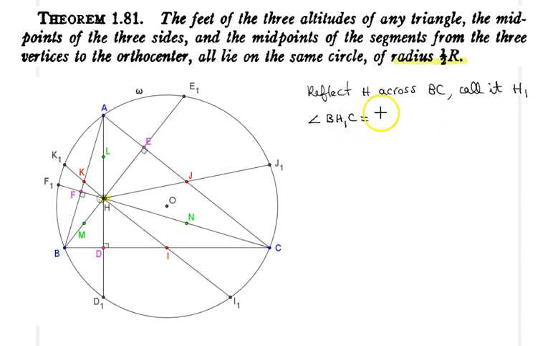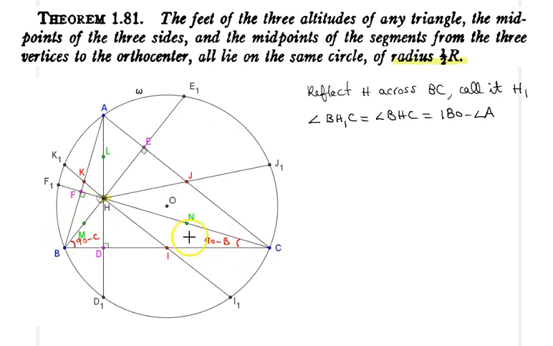Obviously by reflection, it would be equal to angle BHC, but it turns out that with simple angle tracing, angle BHC is nothing but 180 minus angle A. To view that, just observe that considering triangle BEC, this angle over here, angle EBC, is simply 90 minus C. And also now focusing on triangle BFC, you just realize that angle BCF is 90 minus B.